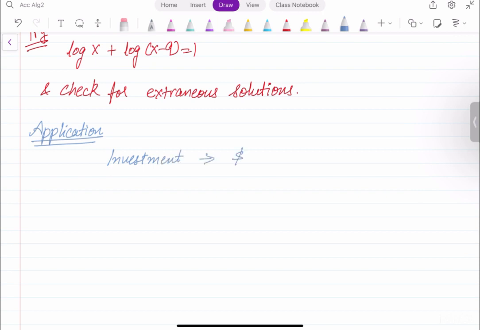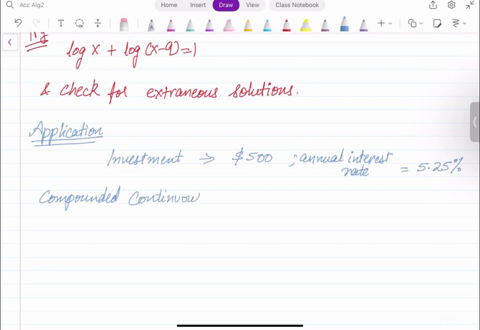So let's say the investment is of $500 with the annual investment rate of 5.25%, and we want you to compound it continuously.